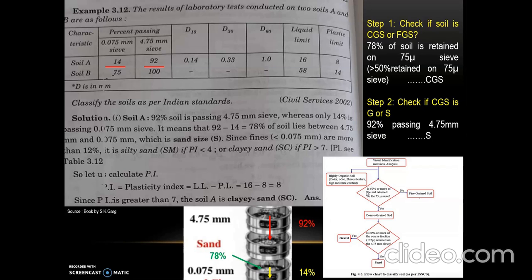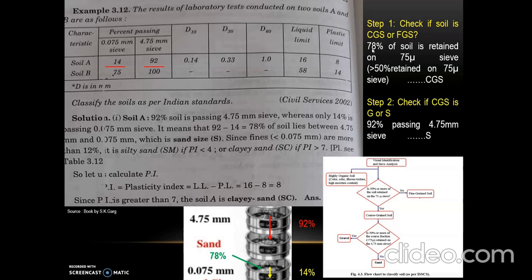So that means 50% or more of the soil is retained on this 75 micron sieve. So if this condition is satisfied, then we say that the soil is coarse grained soil. So the first condition can be checked, that is, we need to check if the soil is coarse grained or fine grained soil.